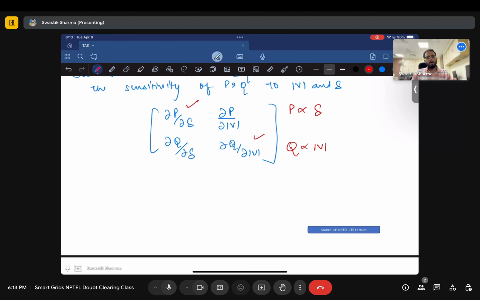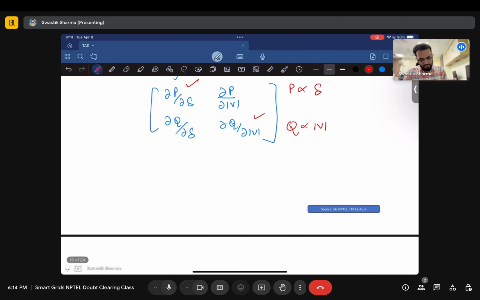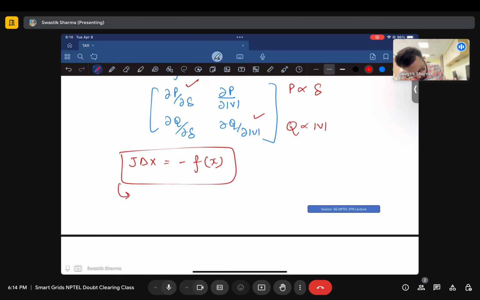Now, their update rule is written something like this. J delta X is equal to minus f of x, and this translates to x k plus 1 equals x k minus J inverse f of x.